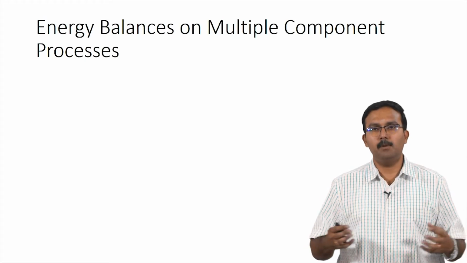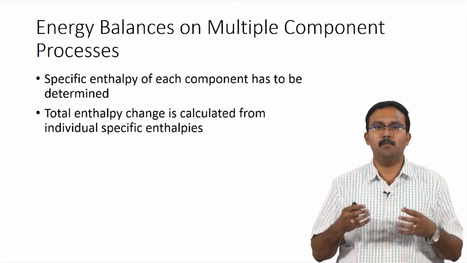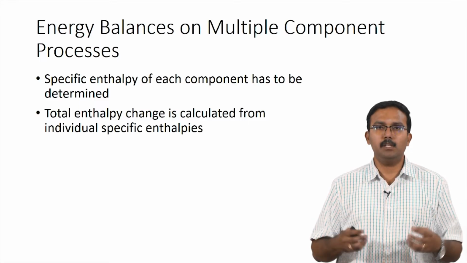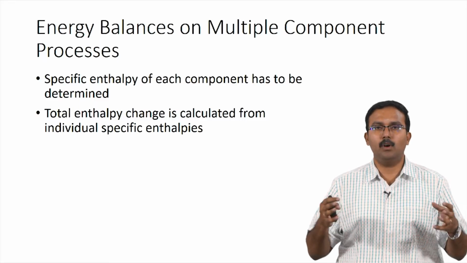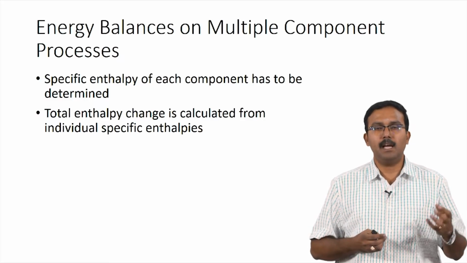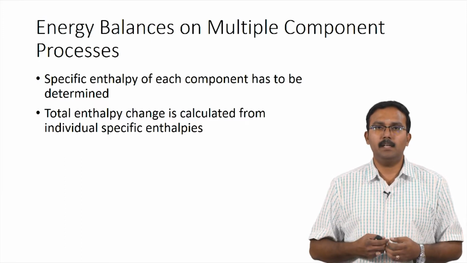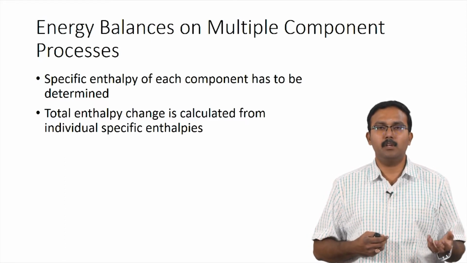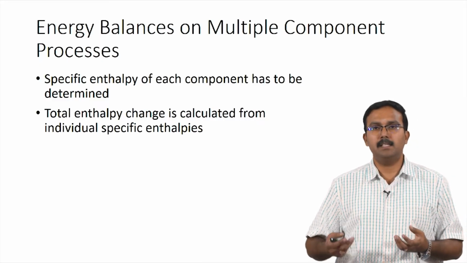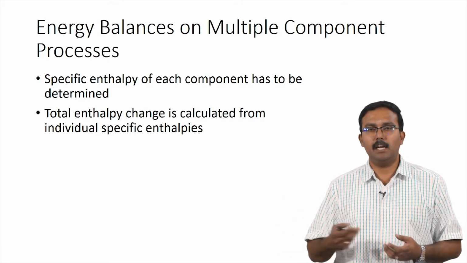When you have multiple components present in a process, then the specific enthalpy of the process itself will depend on the specific enthalpies of each of the components. The total specific enthalpy of the process or the system will be the summation of the specific enthalpies of the individual components, and the enthalpy can be calculated as the mass of the individual component times the specific enthalpy of the individual component plus the mass of the second component times the specific enthalpy of the second component, and so on.